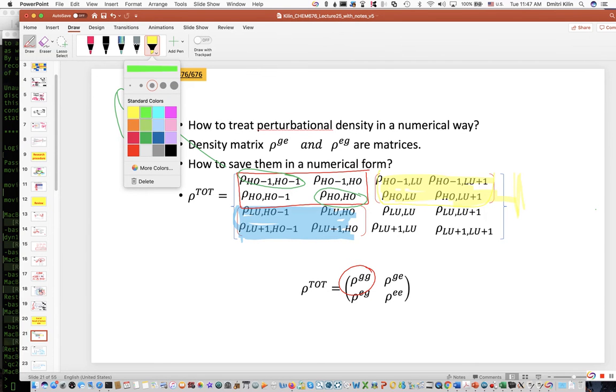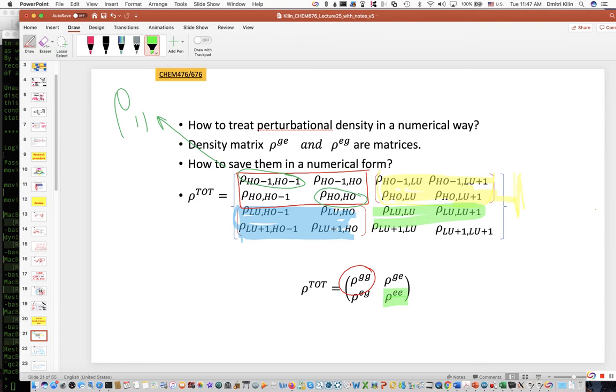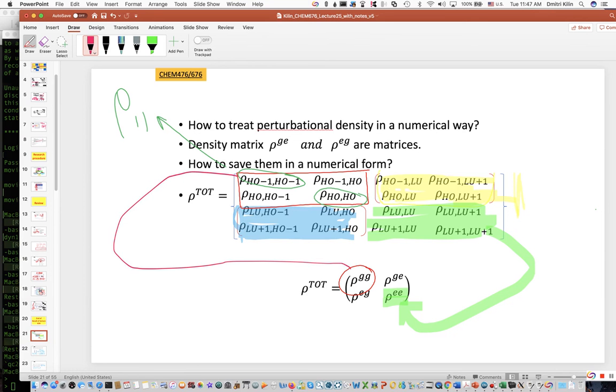So let's highlight it in green. This slide does show the mapping of the blocks of the density matrix and the explicit form of these blocks. Why do we need this?